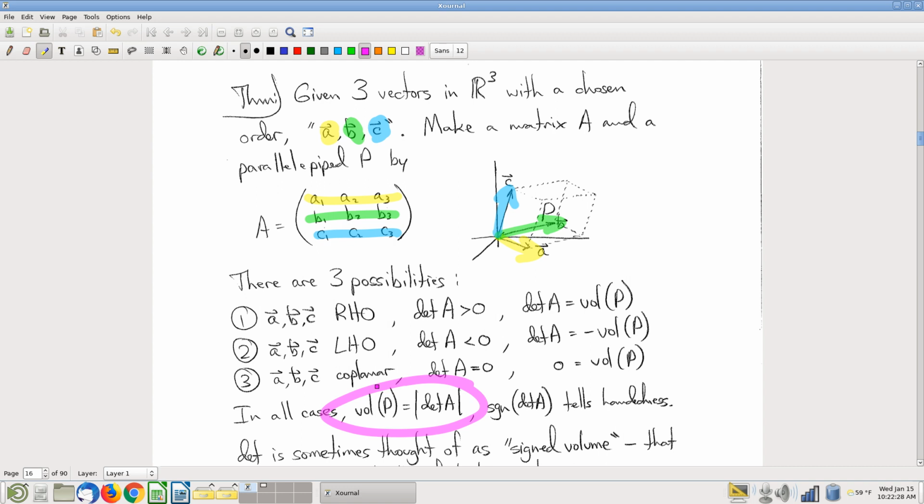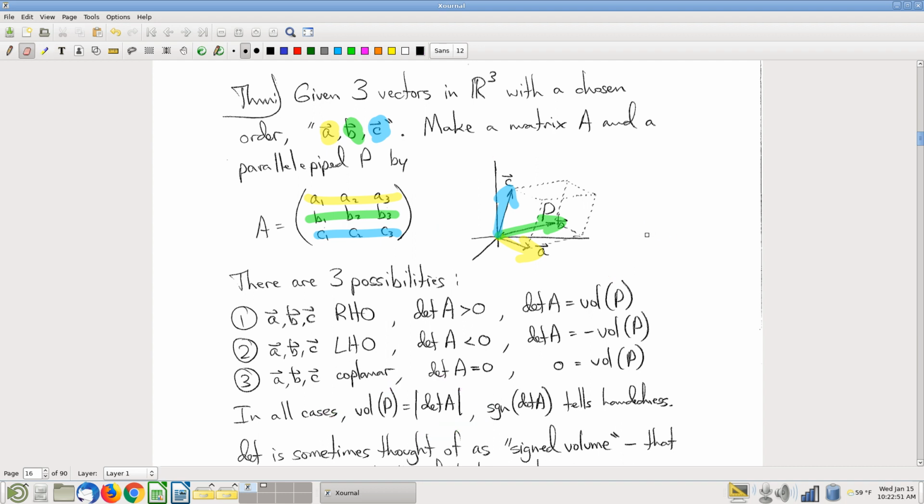So again, who saw volume coming out of this? I emphasize, this is not a rectangular box we're talking about here. This thing has got all sorts of weird angles on it. Wouldn't you think that there'd be trig involved to compute that volume? But there's not. It's the absolute value of the determinant. Very strange.